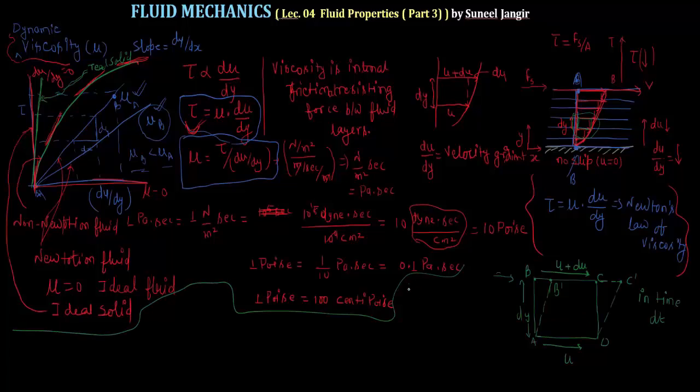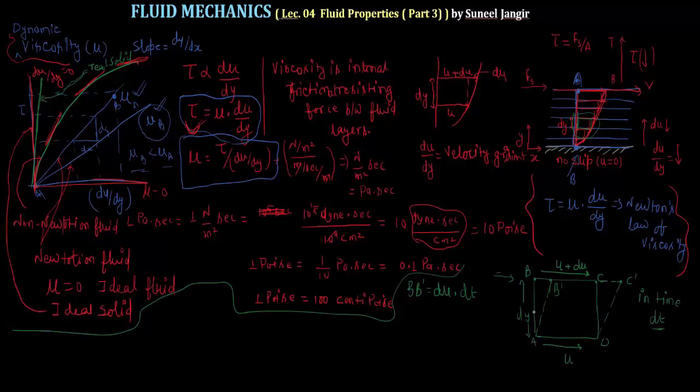BB dash is the distance traveled in the time dt due to the relative velocity between these two layers, which is du. As we know, speed equals distance upon time, so distance equals speed into time. So BB dash is du into dt.